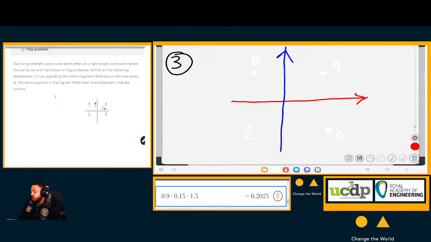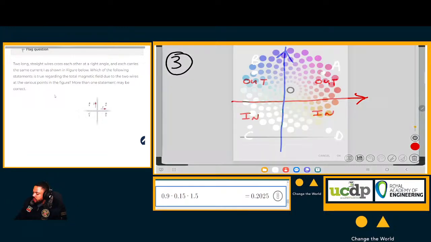Using this, we see that the magnetic field comes out of the page at A and at B. However, the magnetic field goes into the page below the x-axis, so it goes in at C and D for the red one.